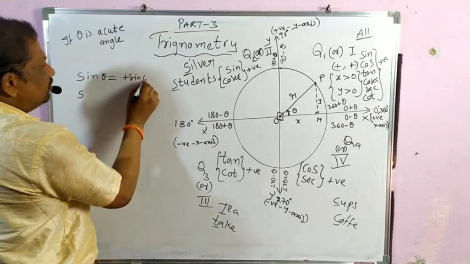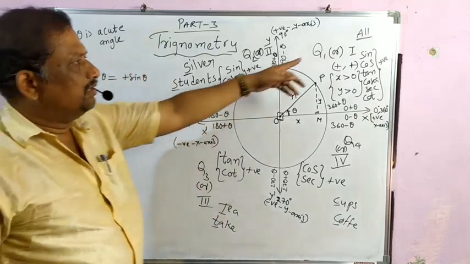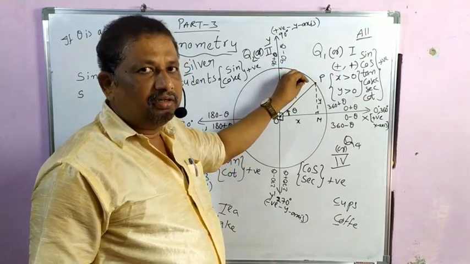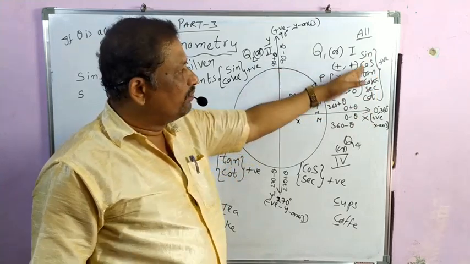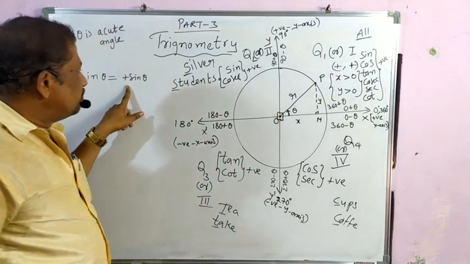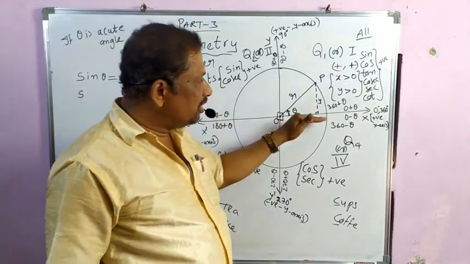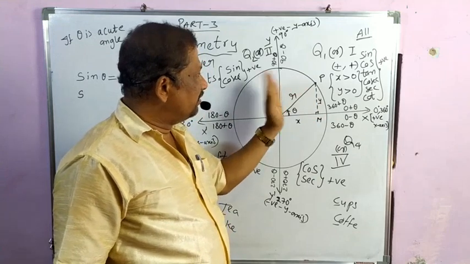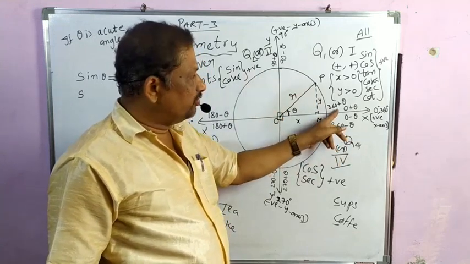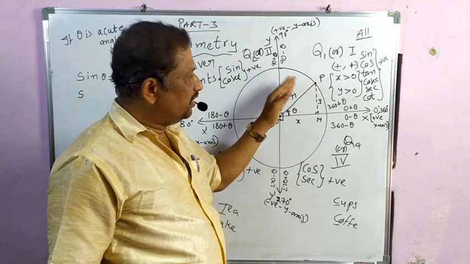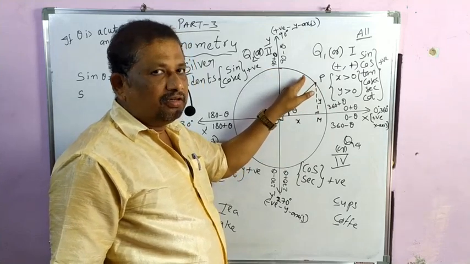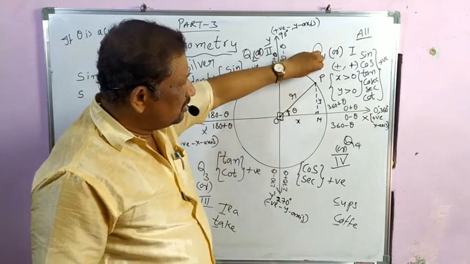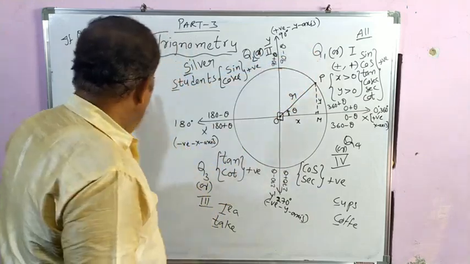Sine is positive. Not only sine, all trigonometric ratios, when they fall in the first quadrant and the angle is acute, that value is positive. Not only an acute angle, if the angle is more than 360 and less than 450, it also falls in the first quadrant. Whatever ratio falls in the first quadrant gives a positive value.